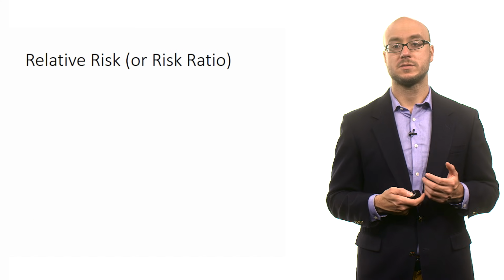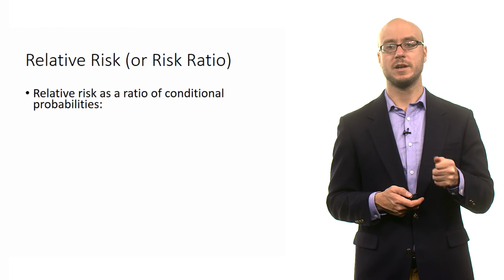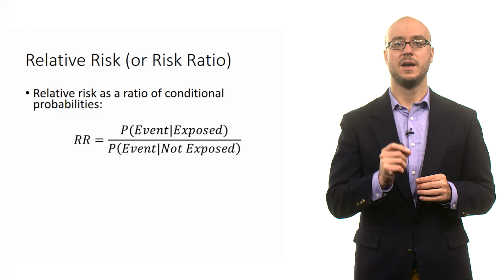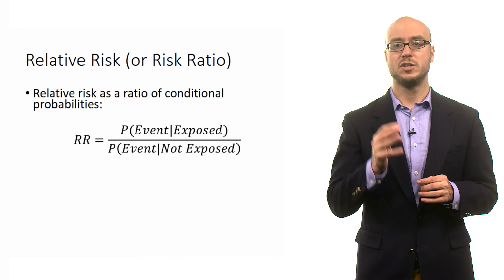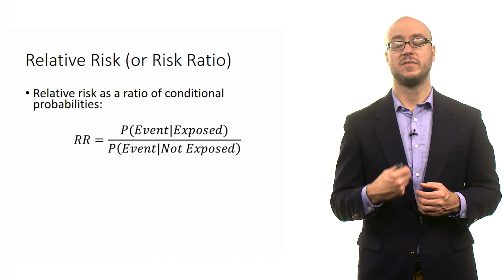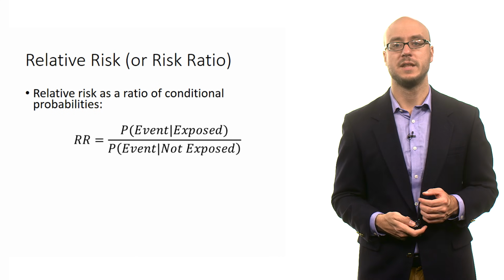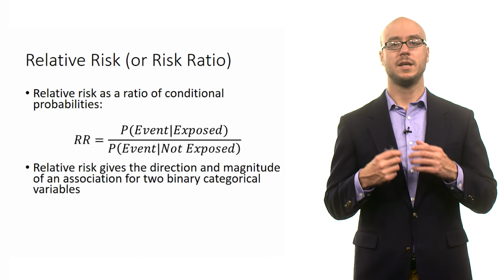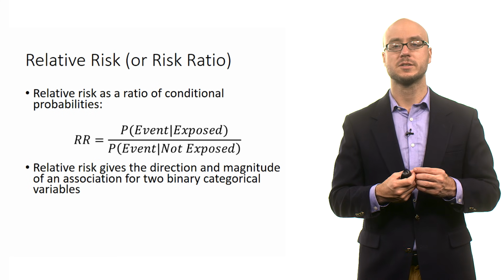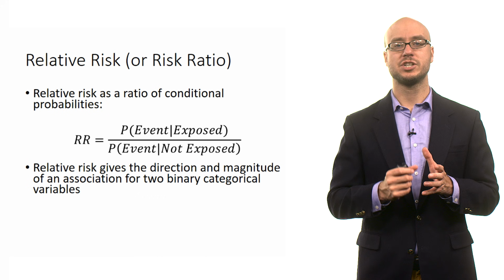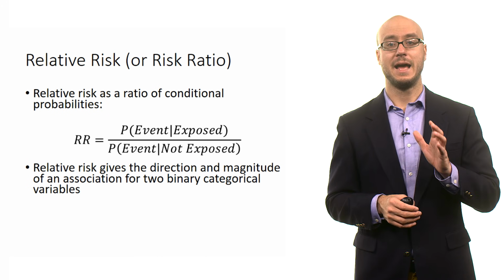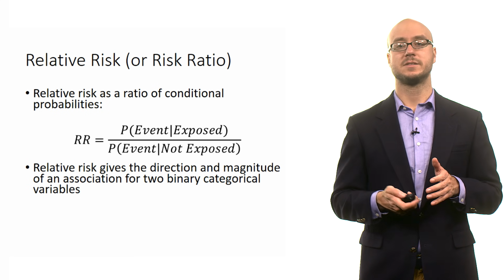The relative risk, or sometimes called the risk ratio, it's simply a ratio of conditional probabilities. Relative risk is the probability of an event occurring given you've been exposed to some event, B, divided by the probability of event given you're not exposed to that particular event B. One very useful aspect about the relative risk is it tells us the direction and magnitude of an association when we have two binary categorical variables, an outcome, some event, and some exposure.